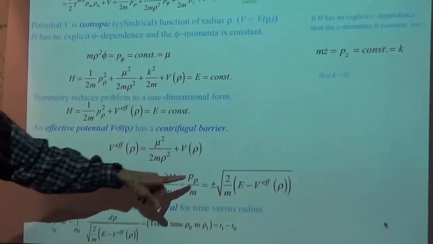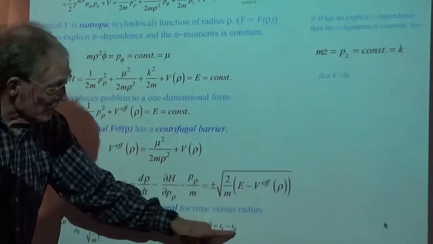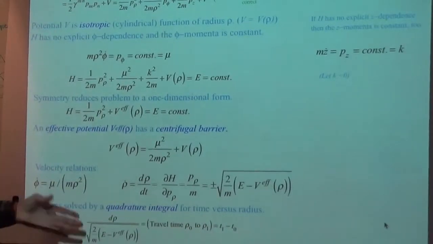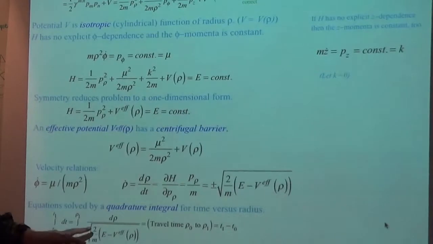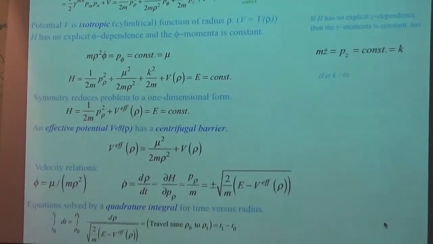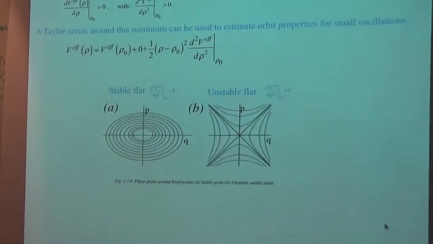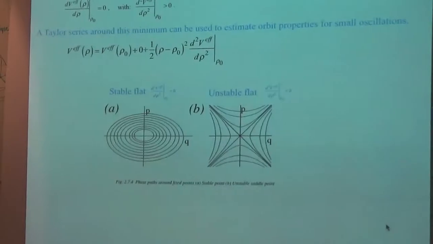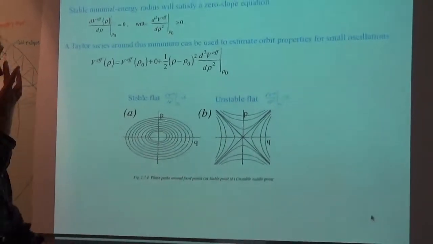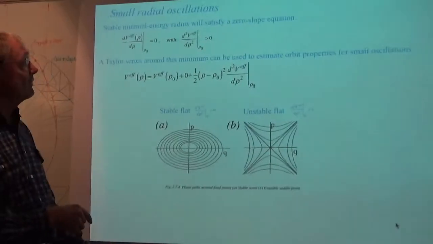The trouble is it's multi-valued, so you have to be careful about that. But anyway, that travel time is given sometimes analytically, but more often than not, it's a numerical integral that you would have to do. Now, what we're going to be concerned with are things that you can do analytically for almost all of the problems that involve anharmonic potentials.